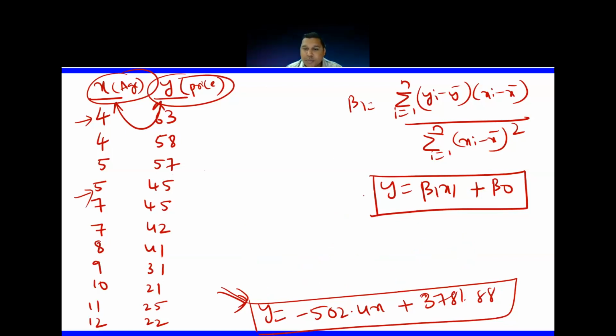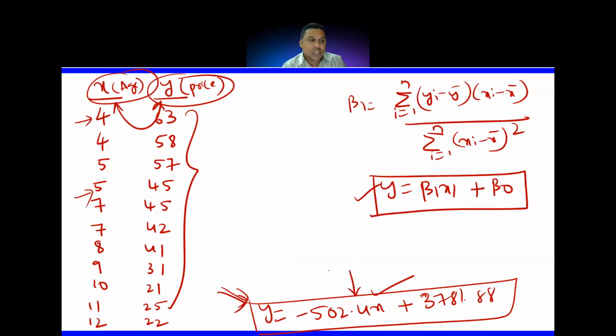See, you formed this regression model using this data, which is historical data. Using this data, you formed an equation like this: y equal to beta 1 x1 plus beta naught x naught. Suppose you test this regression equation.